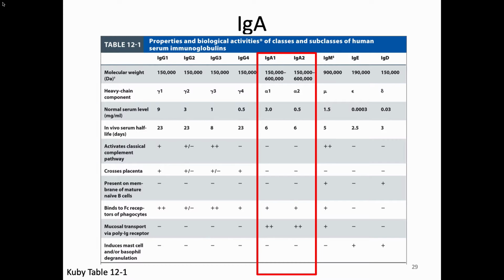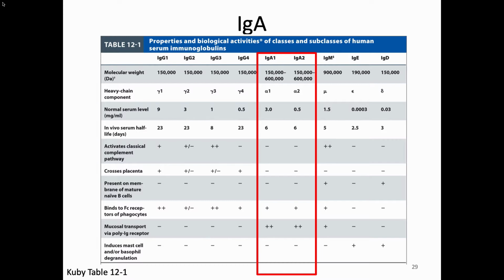So if you look both at the data on molecular weights and serum levels, as well as at the functions, what stands out to you about IgA? Yep, Tony. So there's a range of molecular weights. That's one thing that should stand out. Yeah, Mark. Mucosal transport is the other thing.